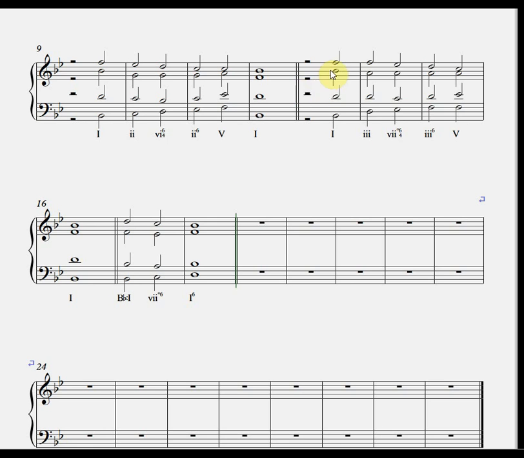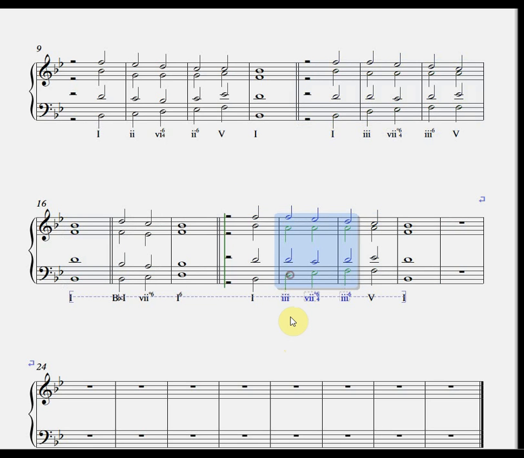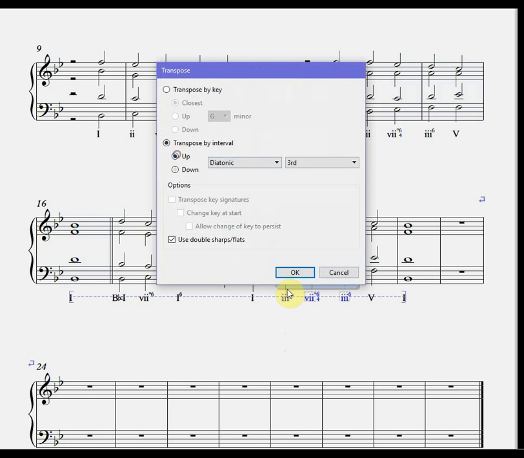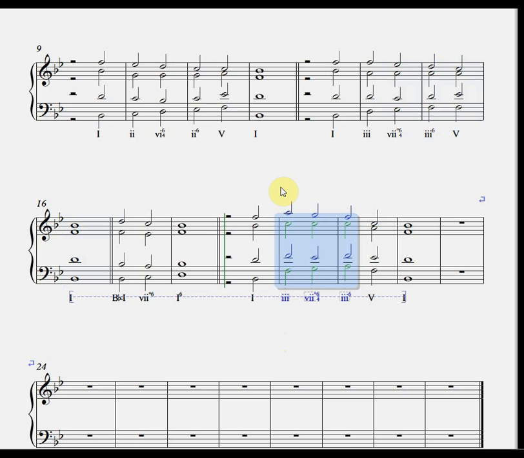What about if we start on the dominant? So we'll copy our progression once more. Now we need to transpose this up a diatonic third. Let's switch around some voices because our range is getting rather high here.